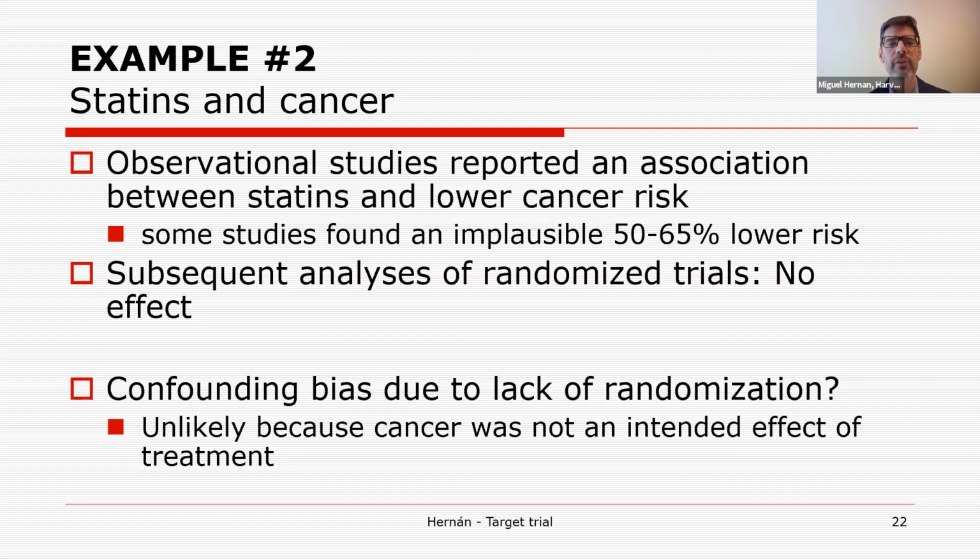We don't use risk factors for cancer to prescribe statins. We use risk factors for coronary heart disease to prescribe statins. So it is very unlikely that this association that doesn't have a causal interpretation in observational studies is the result of confounding.